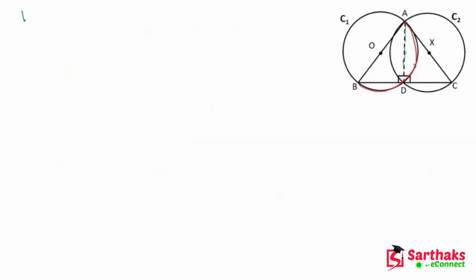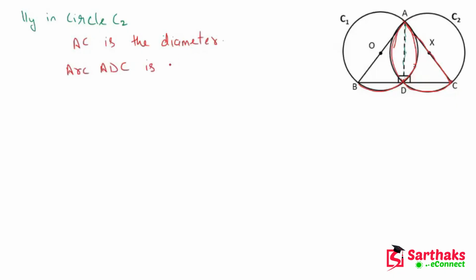Similarly, in circle C2, AC is the diameter. So this arc ADC is a semicircle, and we know that an angle in a semicircle is a right angle by the theorem.